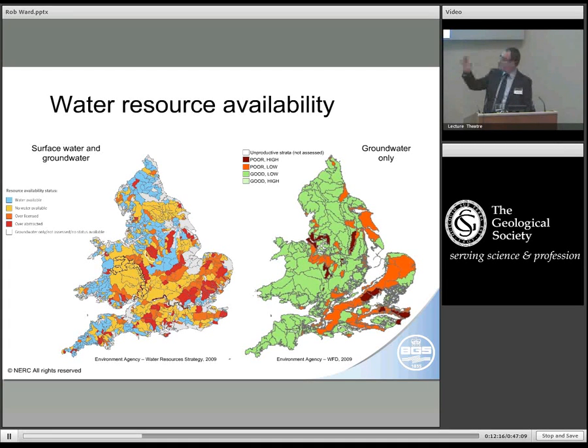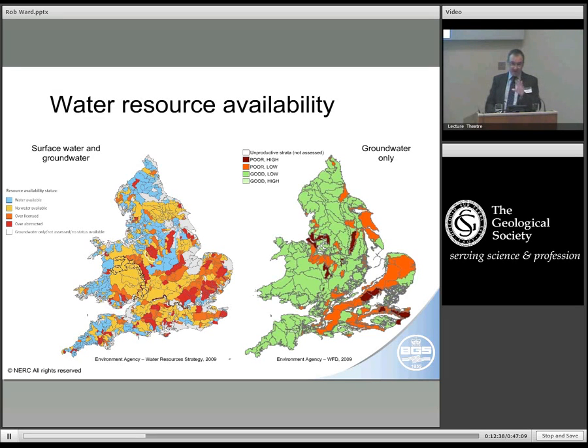And just on the right, because the map on the left is looking at both groundwater and surface water combined, on the right I have a map showing the outcomes of the assessment undertaken for the European Water Framework Directive, just focusing on groundwater, showing the groundwater bodies that are failing to achieve the good status requirements for quantitative status.